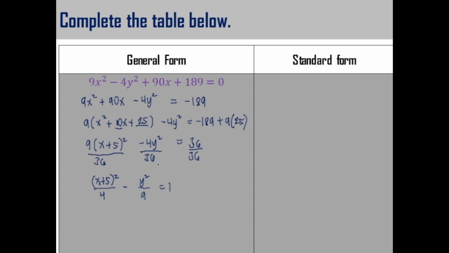And that's it. Okay, kopyahin na lang po natin siya dito. X plus 5 square over 4 minus y square over 9 equal to 1. That's it. Ito na po yung sagot sa ating katanungan.